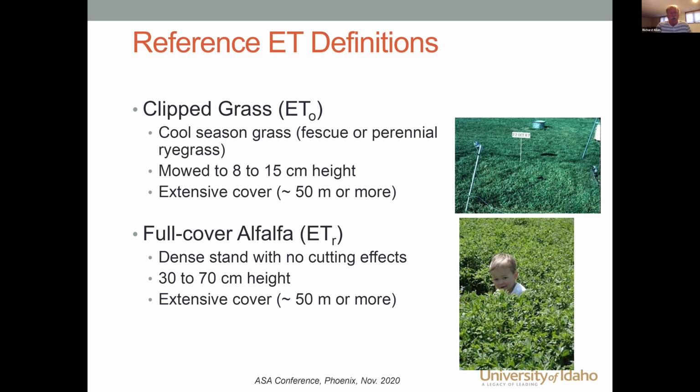So if you can envision the reference crop as being in an extensive field situation with no obstructions, and it has enough extent that the boundary layer that's built up over that surface is in equilibrium and synchronized with the surface, then if we take air temperature, vapor pressure, wind speed at a few meters above the surface, those are representing what's going on at the surface as far as energy conversion and cooling and humidifying.